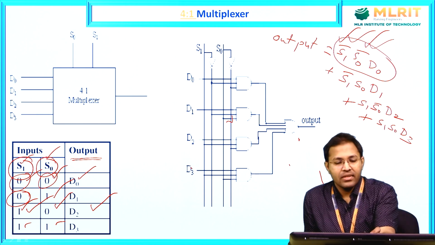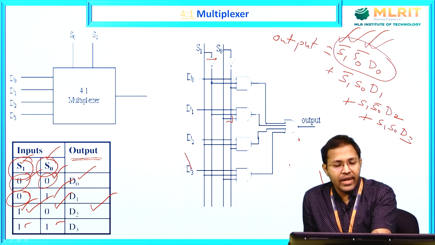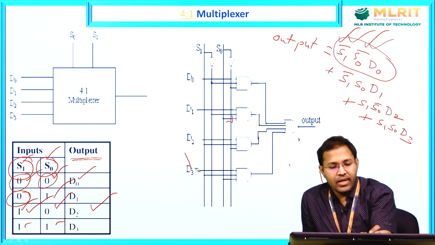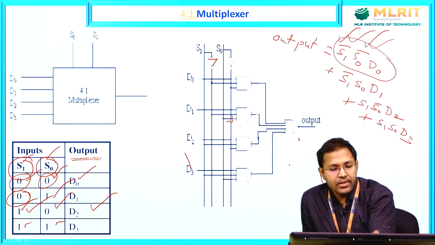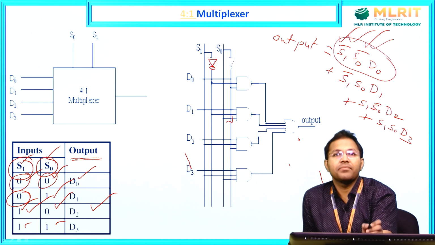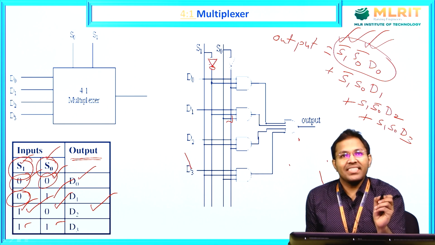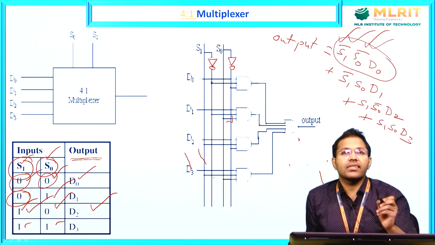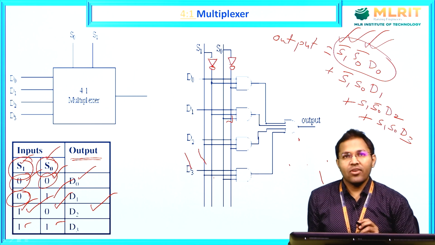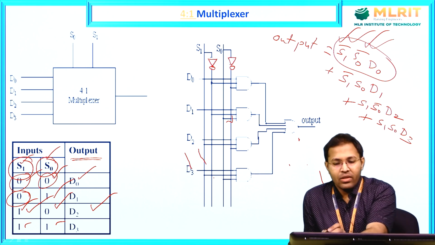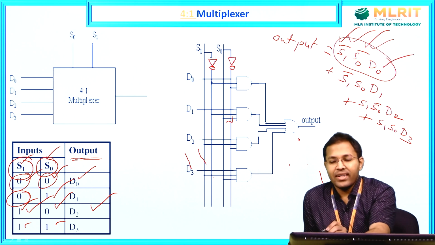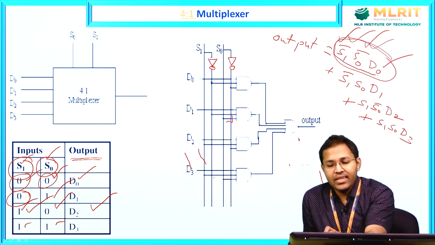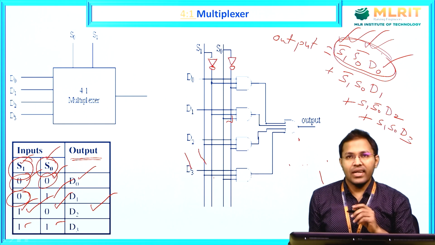So first we take a NOT gate here to get S1 bar. Then to get S0 bar, we take one more NOT gate here. So the rounded one here is the first product that we have.